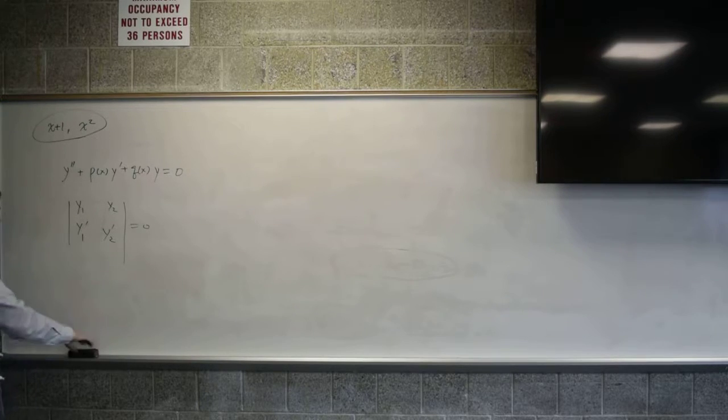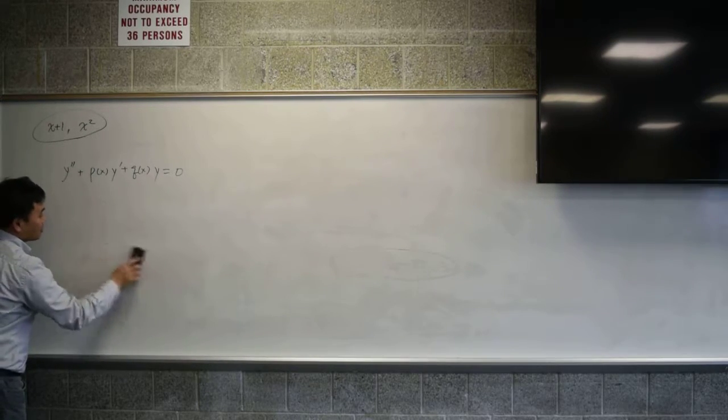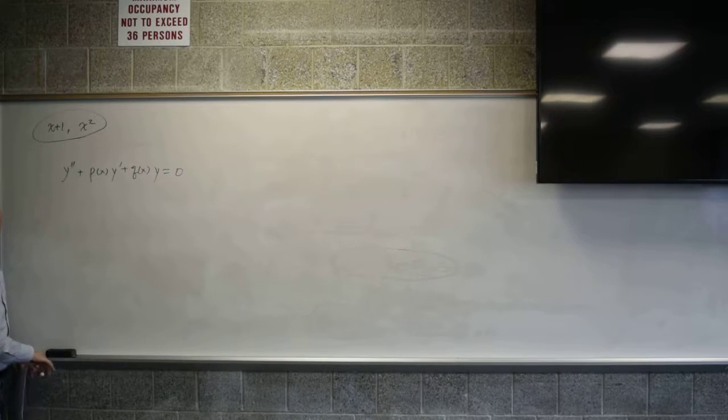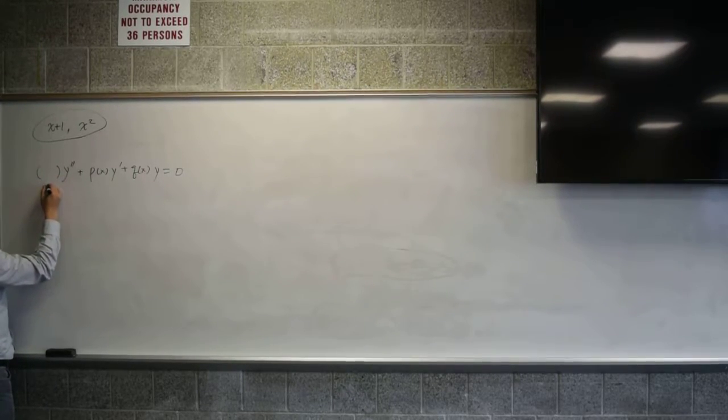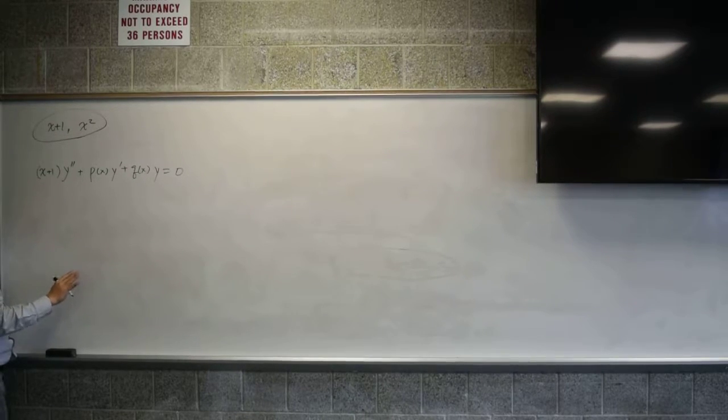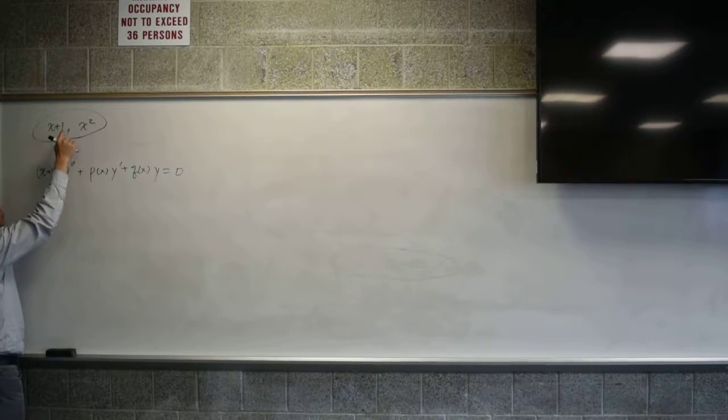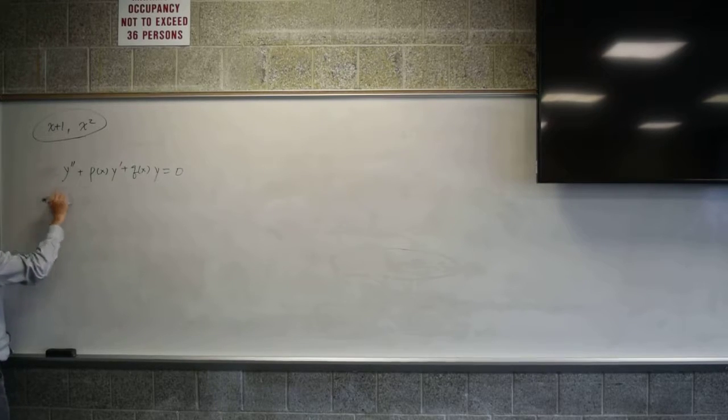It happens, however, that this kind of theorem is not guaranteed if this has something like, let's say, x plus 1 or something like that, so that this can be 0 for certain values. See, if x is -1, this will be 0, right? In that case, such a theorem doesn't hold. And that's what happens to this solution. You will never be able to find this pair of solutions when it's of this form.